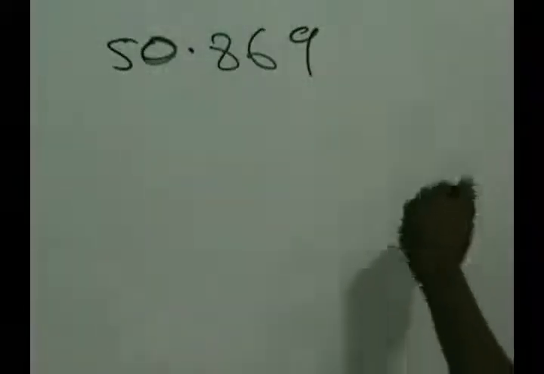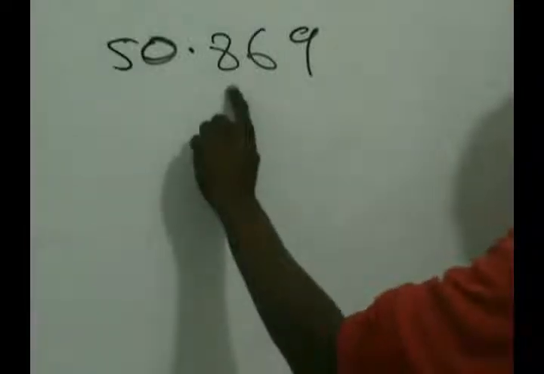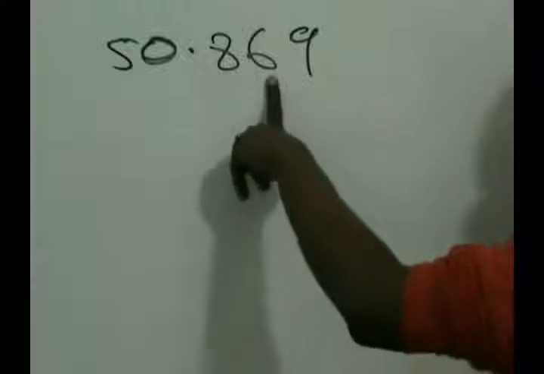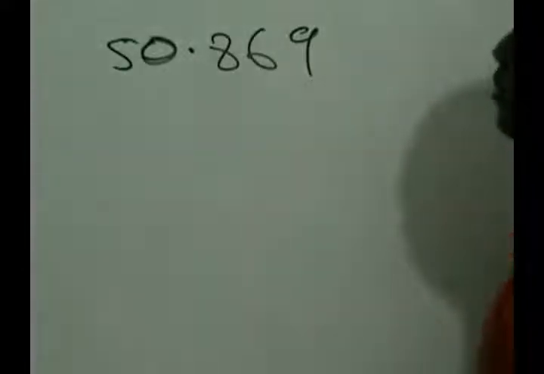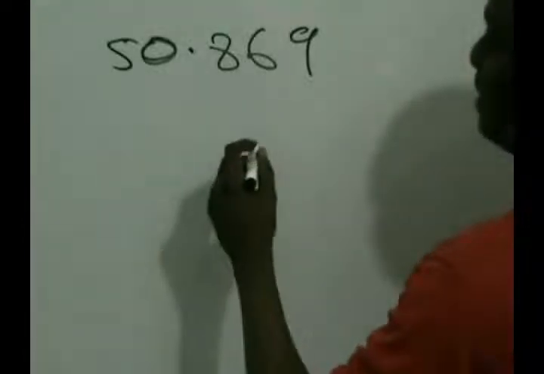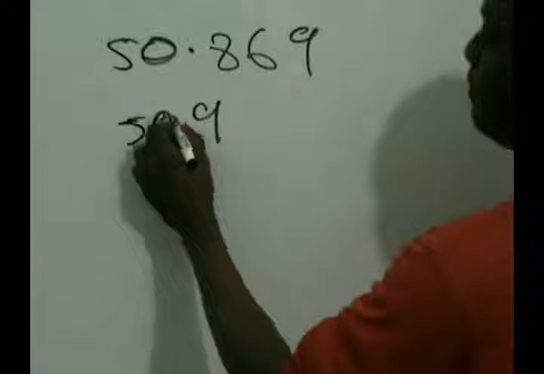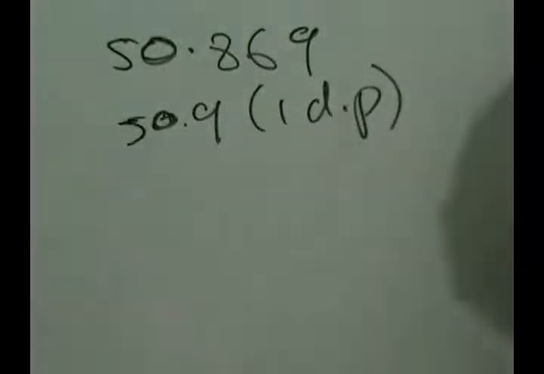Alright? So, first decimal place would be an 8. Because the number following the 8 is greater than 5, then we have to change this 8 to a 9. So that 50.869 would be 50.9 to one decimal place.